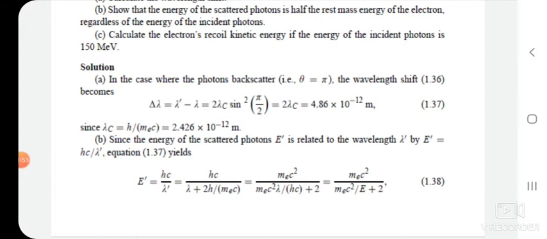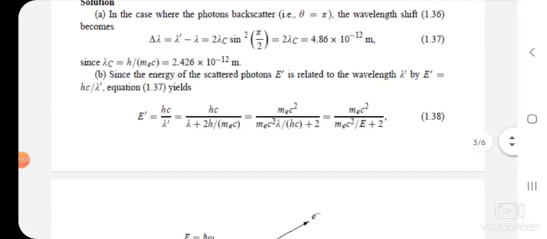Here we are substituting the value of delta lambda only. Delta lambda is nothing but 2 lambda c, where lambda c is nothing but h by mec. Just simply substitute the value of lambda c, you will get mec square divided by mec square by E plus 2.